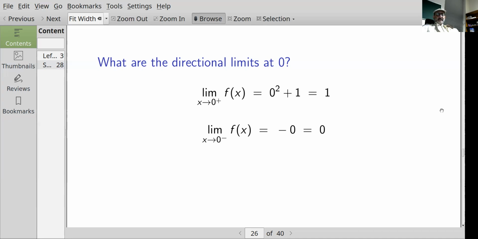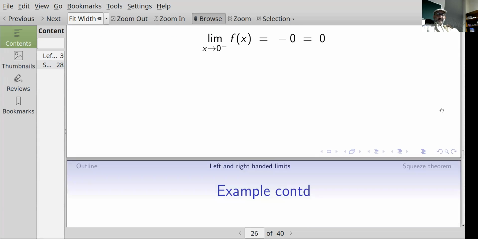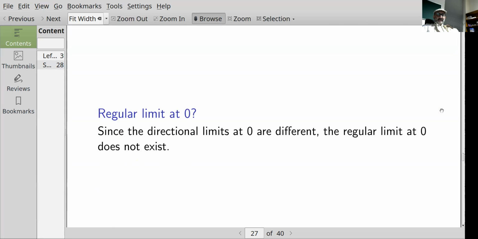The limit as x goes to 0 from the left of f of x, well, now you're talking about negative numbers. And then f of x has the form minus x. So this is the limit as x goes to 0 from the left of minus x, which is minus 0, which is 0. So both directional limits exist. The directional limits are different from each other, and so the regular limit does not exist.